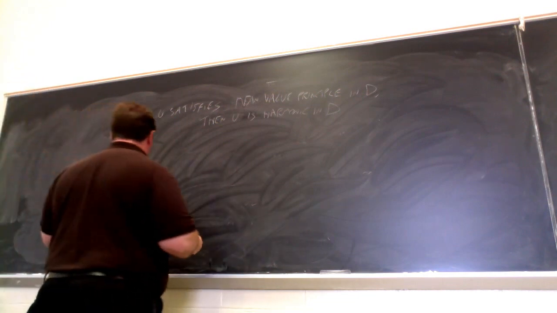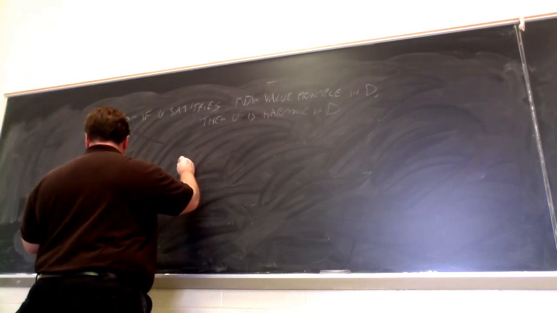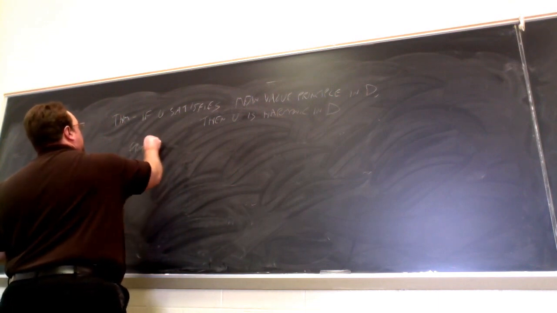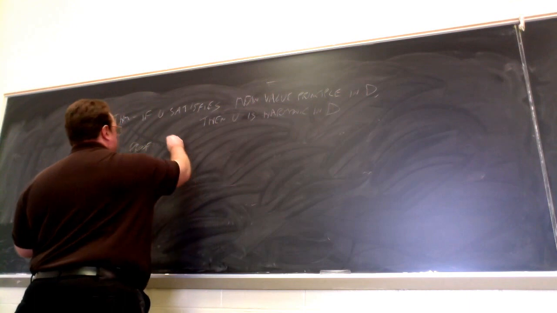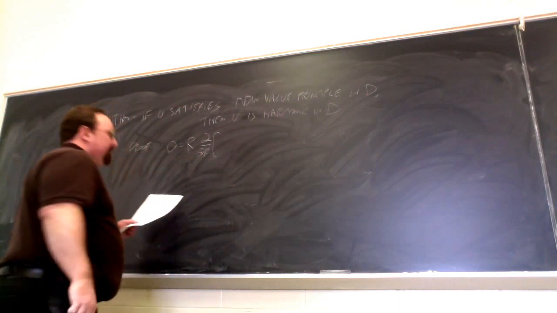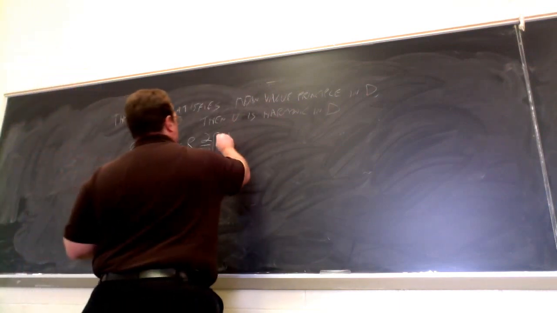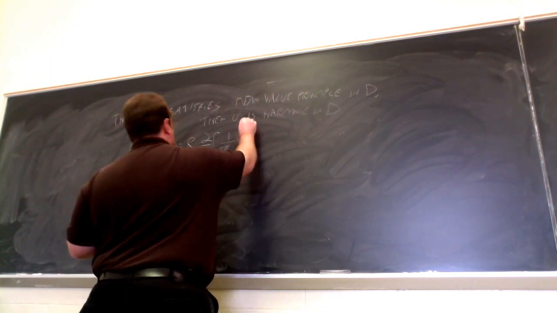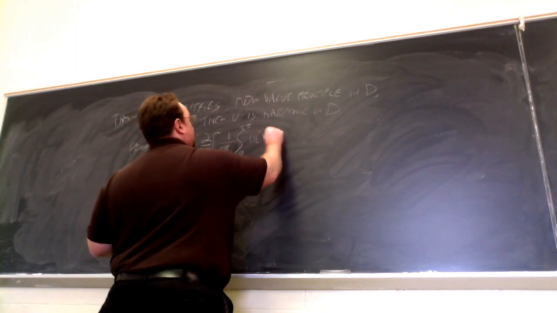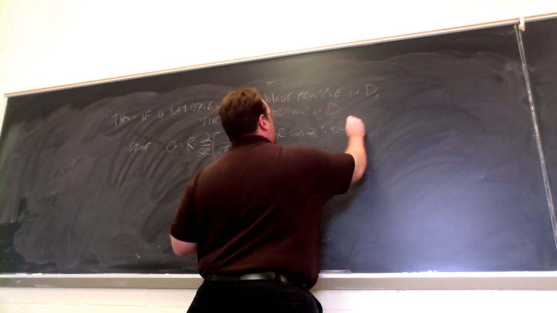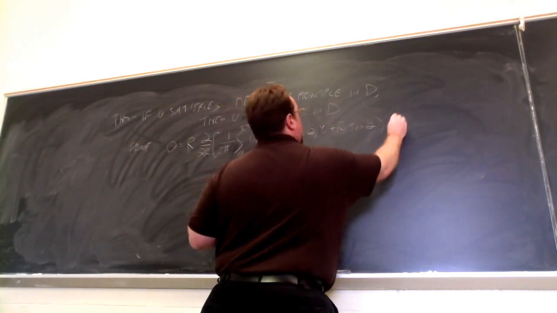Because by satisfying the mean value principle in D, what we have is the following: 0 is equal to big R times the derivative with respect to big R of that integral, 1 over 2 pi, integral from 0 to 2 pi of u of x naught plus big R cosine theta, y naught plus big R sine theta, d theta.